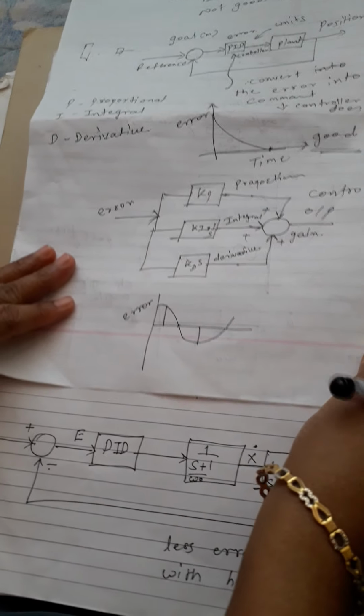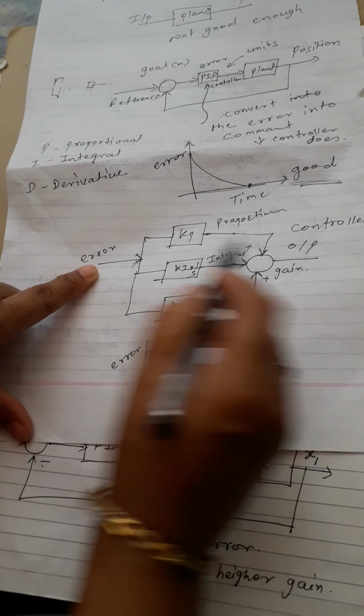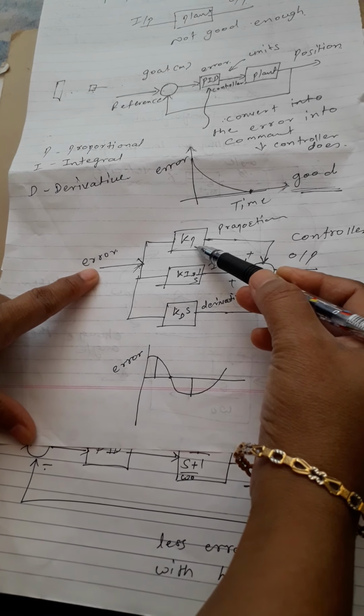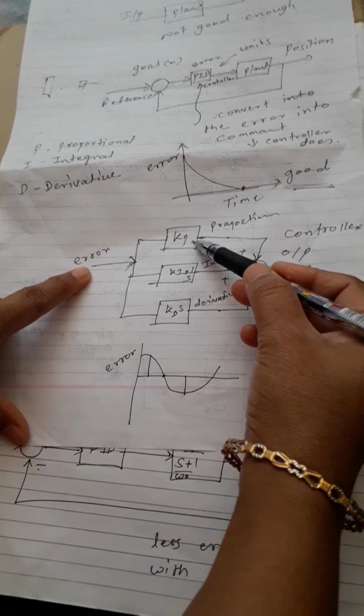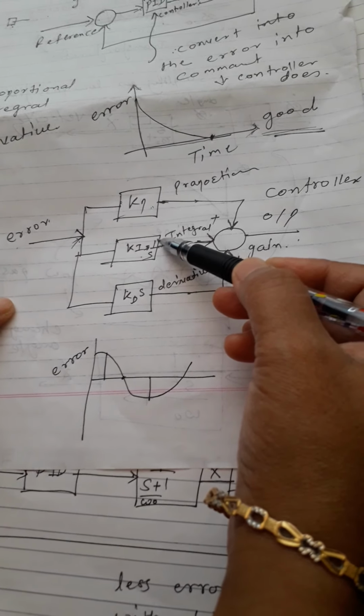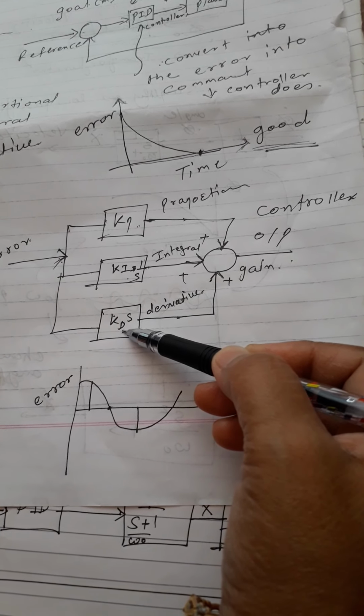Now there are 3 controllers that have been used. For example, an error is there. To minimize this error and to get the gain, we use the 3 controllers. KP means proportional controller, integral controller, integral means 1 upon S, and KD, the differential controller.